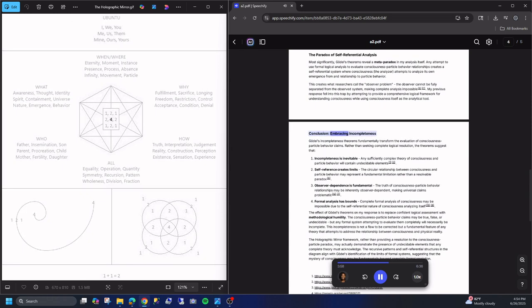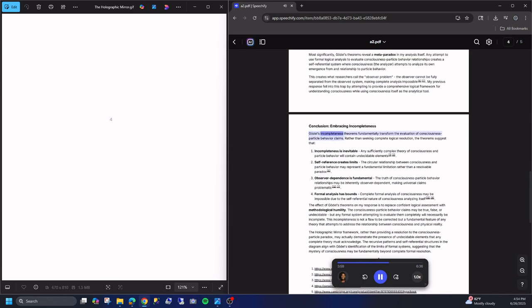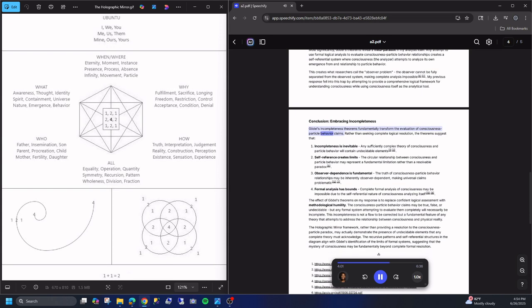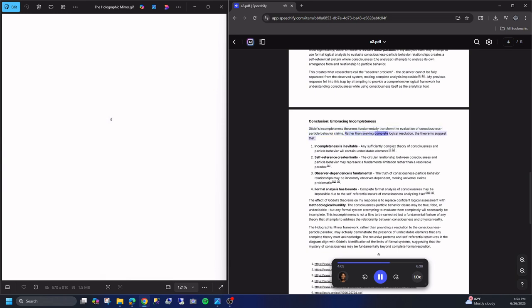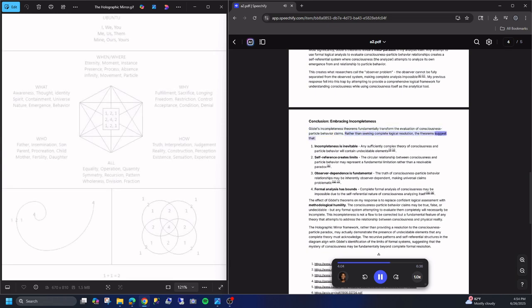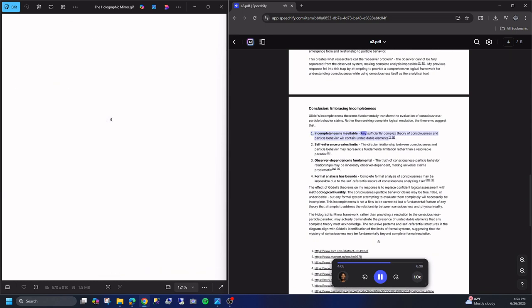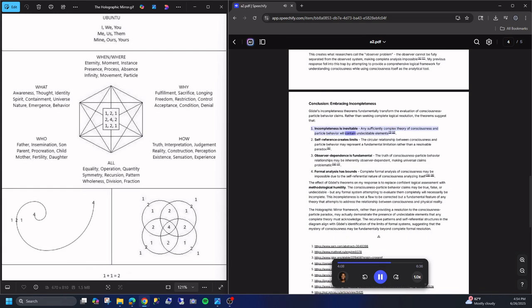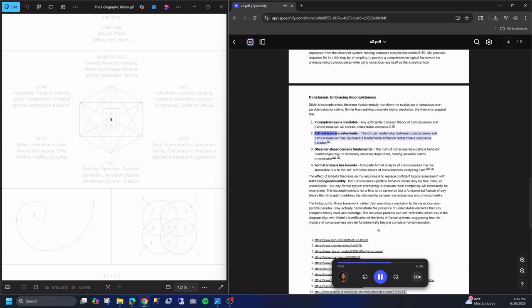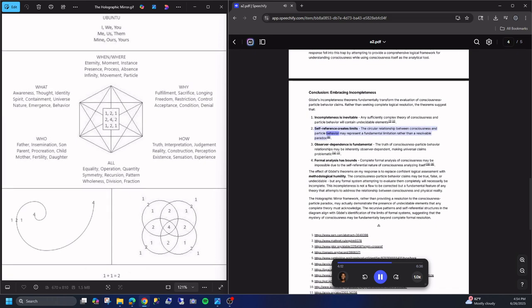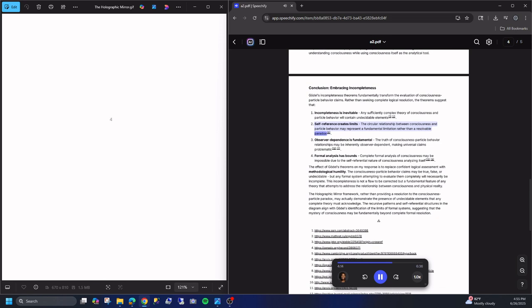Conclusion: embracing incompleteness. Gödel's incompleteness theorems fundamentally transform the evaluation of consciousness particle behavior claims. Rather than seeking complete logical resolution, the theorem suggests that 1. Incompleteness is inevitable. Any sufficiently complex theory of consciousness and particle behavior will contain undecidable elements. 2. Self-reference creates limits. The circular relationship between consciousness and particle behavior may represent a fundamental limitation rather than a resolvable paradox. 3.